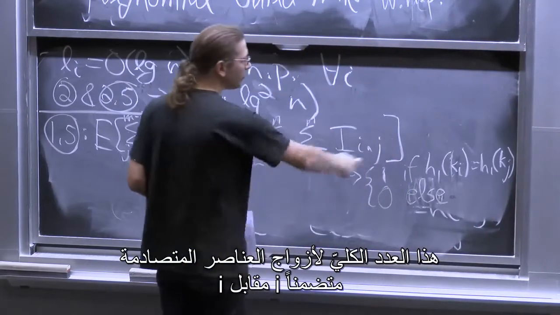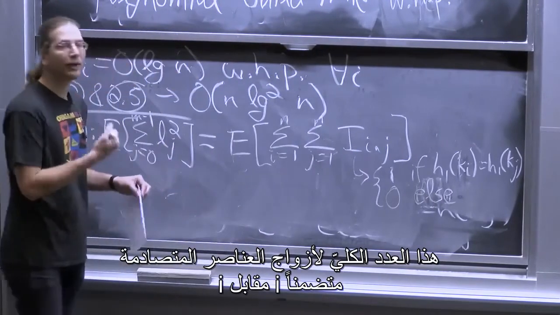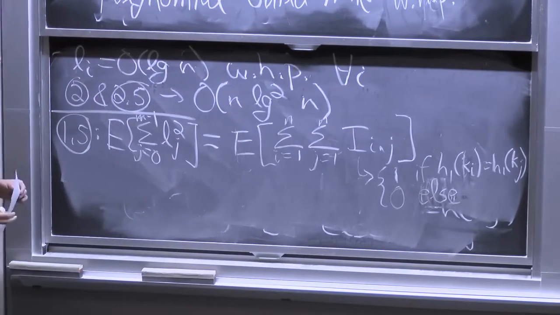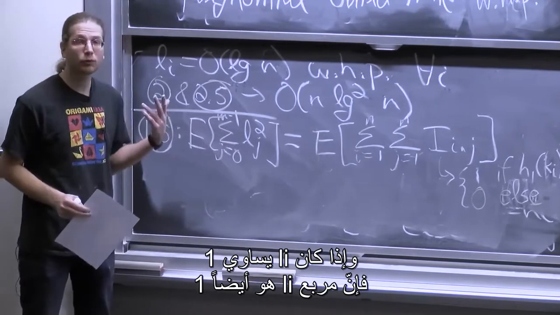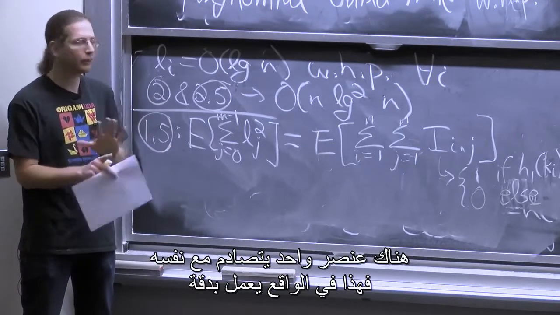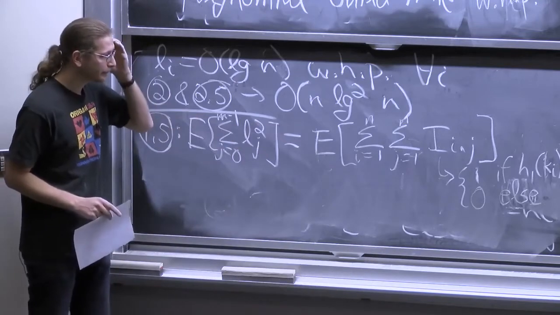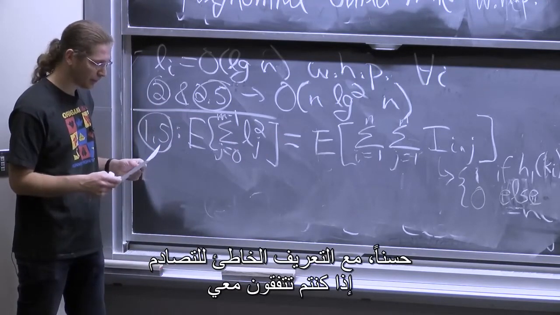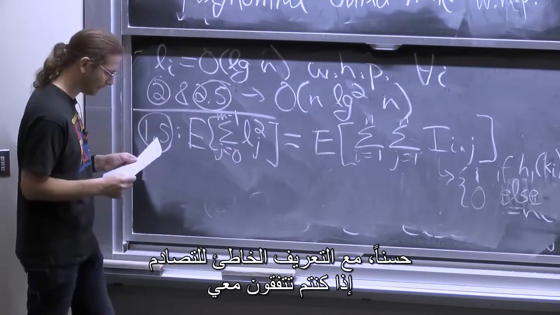This is the total number of pairwise colliding items, including i versus i. If Li equals 1, then Li squared is also 1: there's one item colliding with itself. So this actually works exactly, with the wrong definition of colliding, if you bear with me.